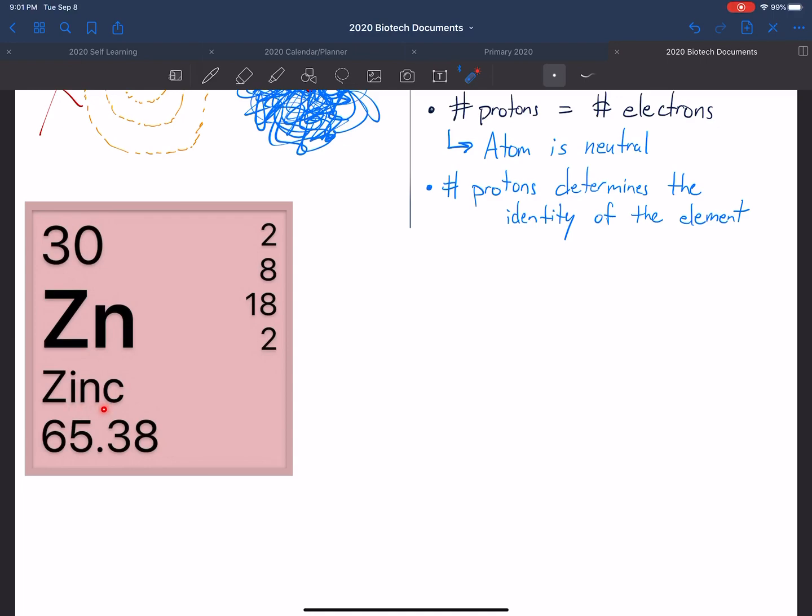Zinc here is obviously the name. And then this bottom value here, 65.38, is called the atomic mass. So I'm just going to go over each of those pieces here. The 30 is the atomic number.